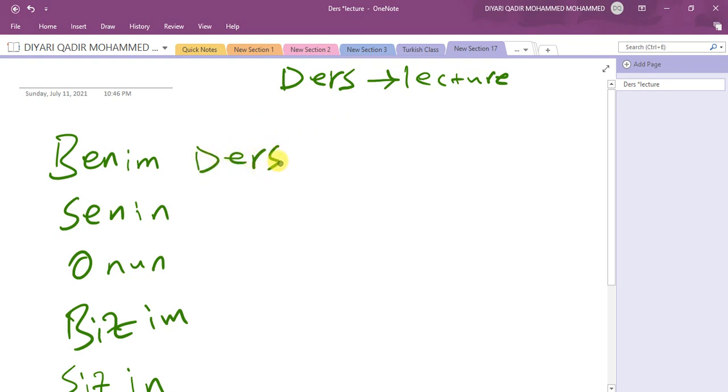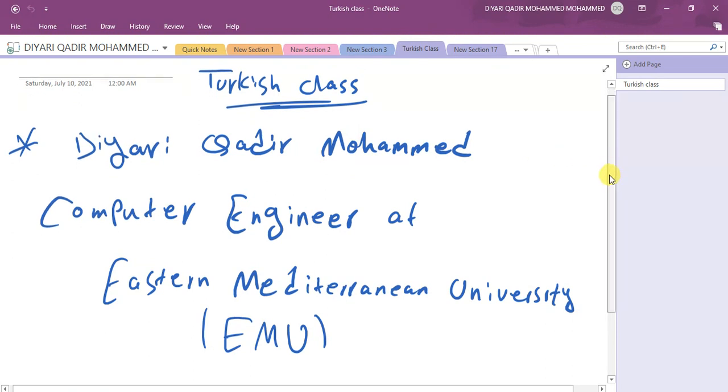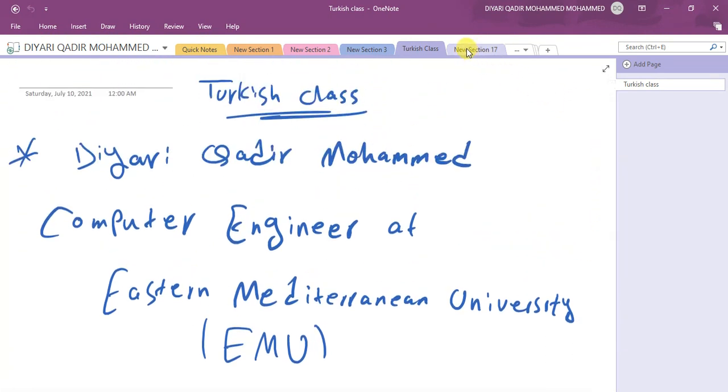Benim ders. Look, the last one is not a vowel. The second before the last is not a vowel. Oh, whoops! We have this E. We have to search for vowels in order to select the next suffix. Benim dersim. Look at the previous example, how we did it.